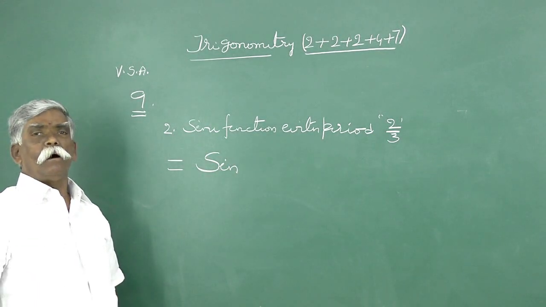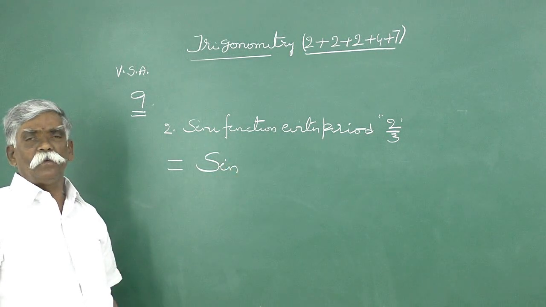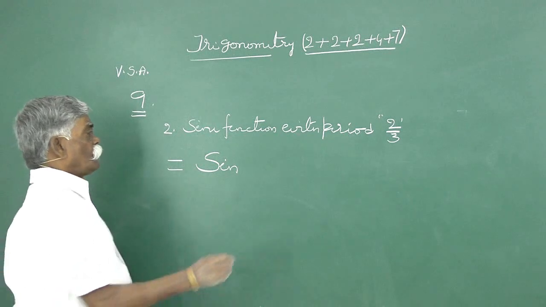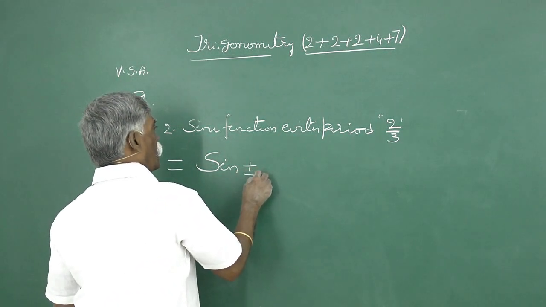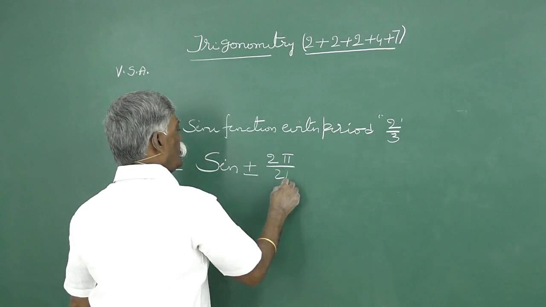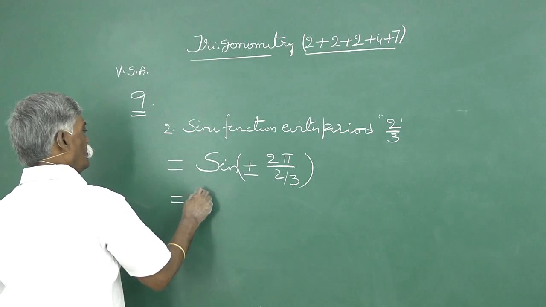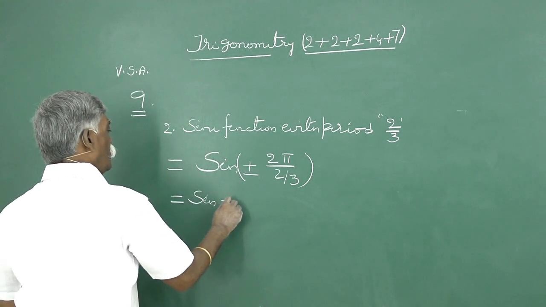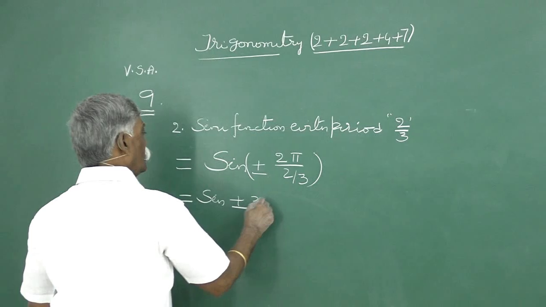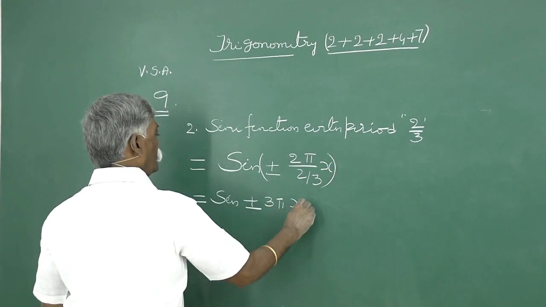The period of any sine function is 2 pi, but for the required function the period is 2 by 3. So therefore it is sine of plus or minus 2 pi by 2 by 3. So this is equal to sine of plus or minus 3 pi into some x or theta or anything.